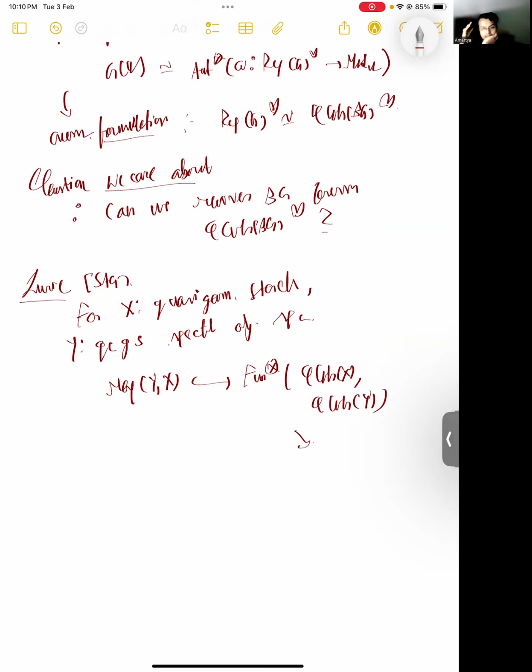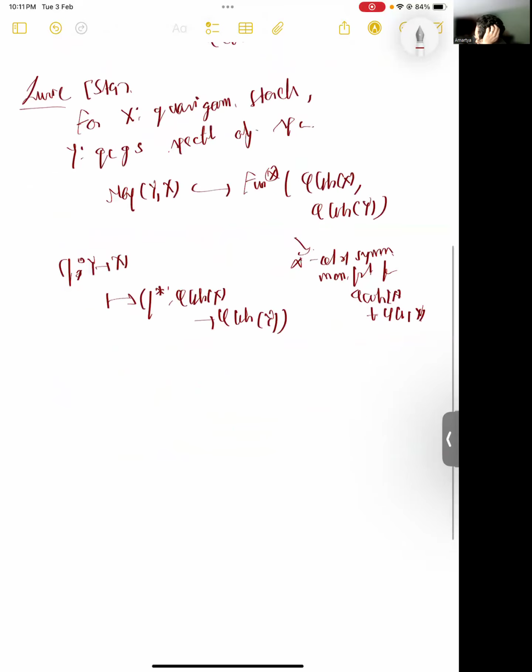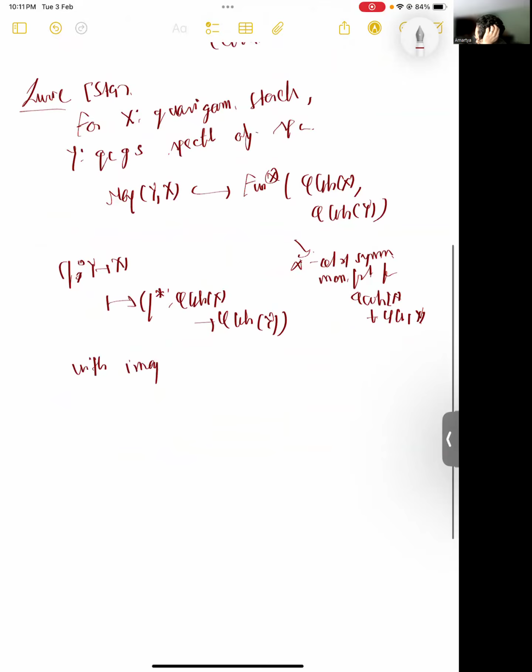This is basically the infinity category of symmetric monoidal functors from QCoh(X) to QCoh(Y). So maps from Y to X is mapped to f pullback, with image characterized by tameness conditions.